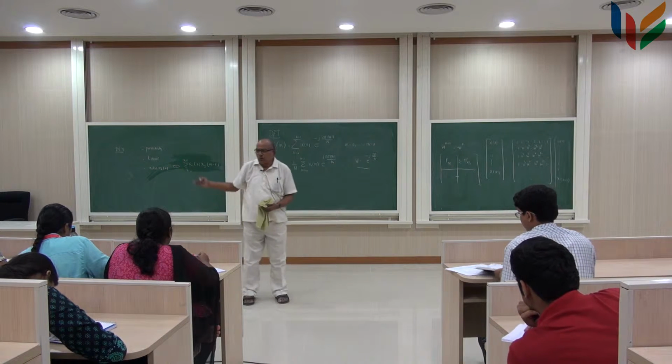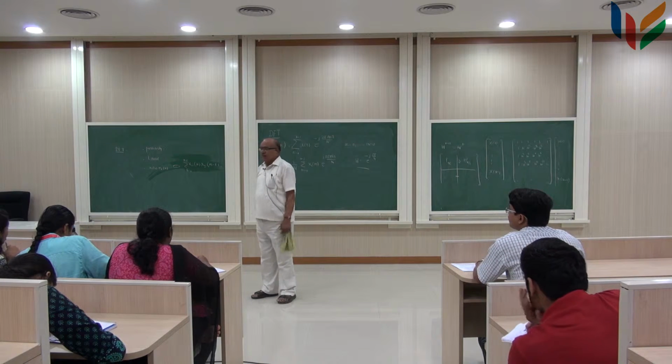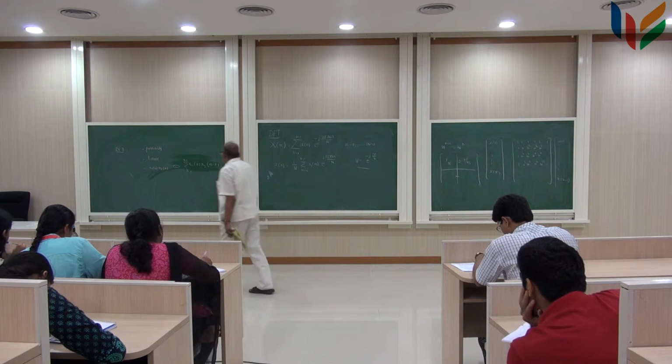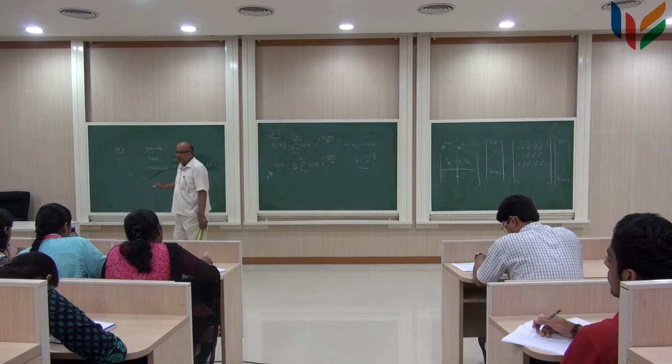It is easy to prove by just substituting this and rearranging it, and you will end up with this. So, if you are not convinced, you go home and do it and you will get this.